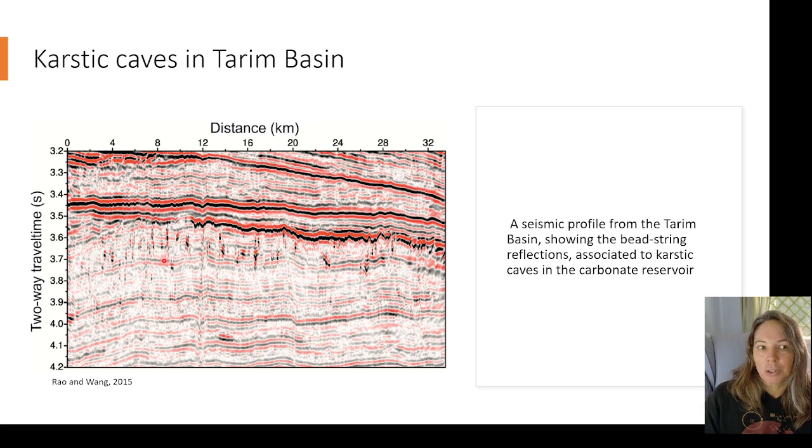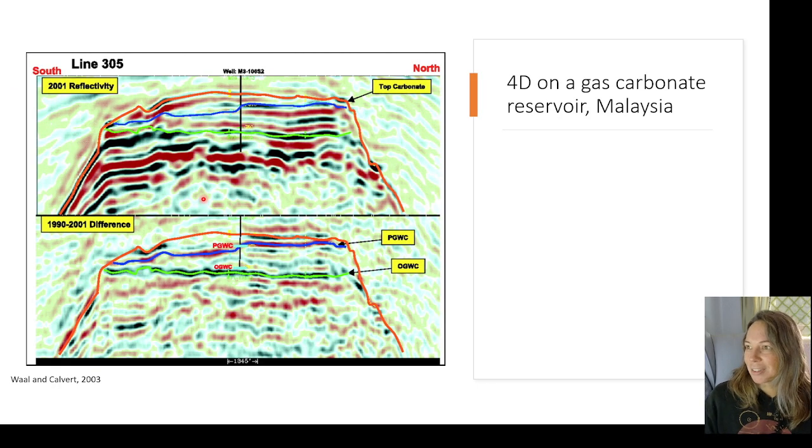They're high amplitude because we're going from the sediments around them into more of this null, fluid-filled space. And so you're going to have a very high reflection coefficient. And if you had the seafloor on here, you would expect the top reflection of these karstic caves to be the opposite polarity than the seafloor. So just trying to wrap in some of those fundamentals.